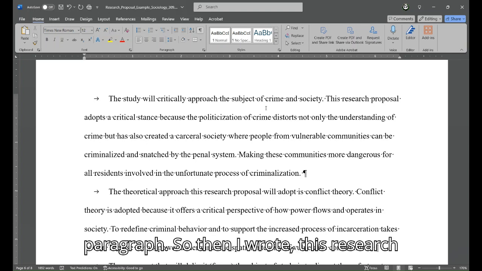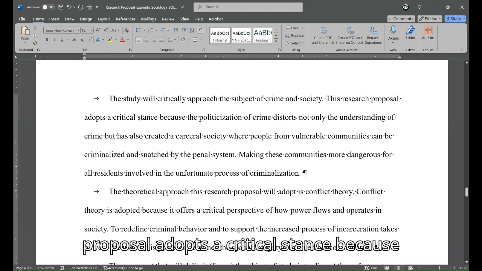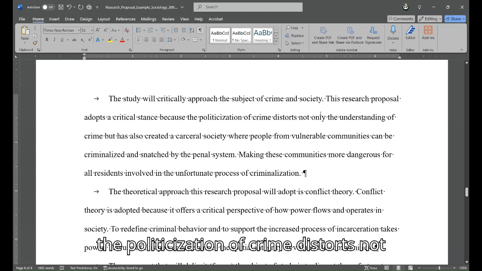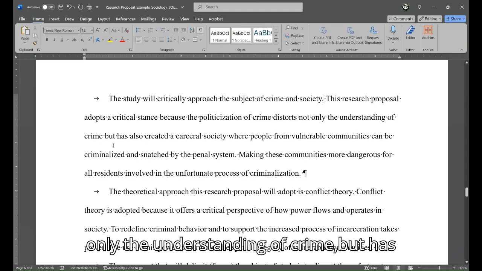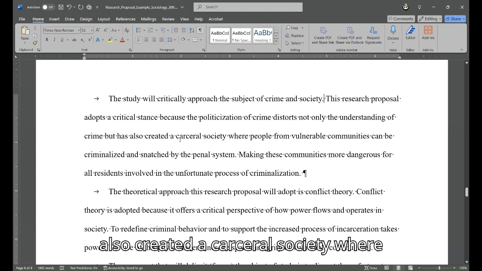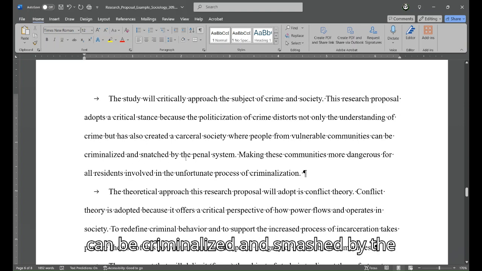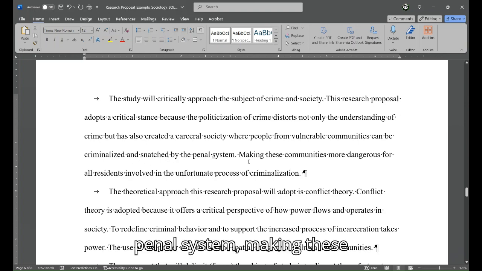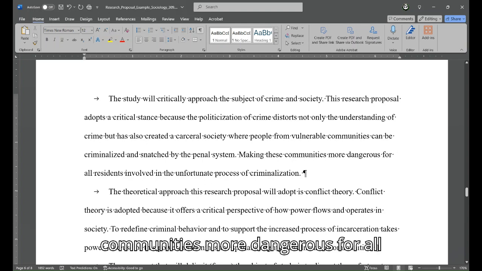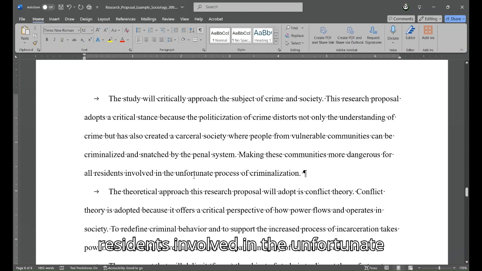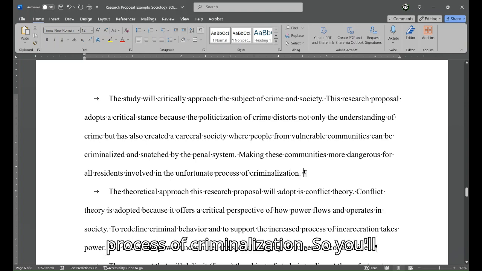So then I wrote, this research proposal adopts a critical stance because the politicization of crime distorts not only the understanding of crime, but has also created a carceral society where people from vulnerable communities can be criminalized and snatched by the penal system, making these communities more dangerous for all residents involved in the unfortunate process of criminalization.